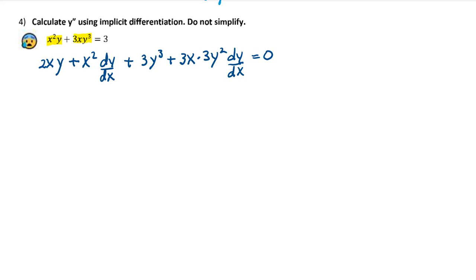Not too bad there. Now, to get dy dx by itself, I need to subtract 2xy from the left, so I'll subtract it on the right. I also need to subtract the 3y cubed right here, so we'll do that on both sides.